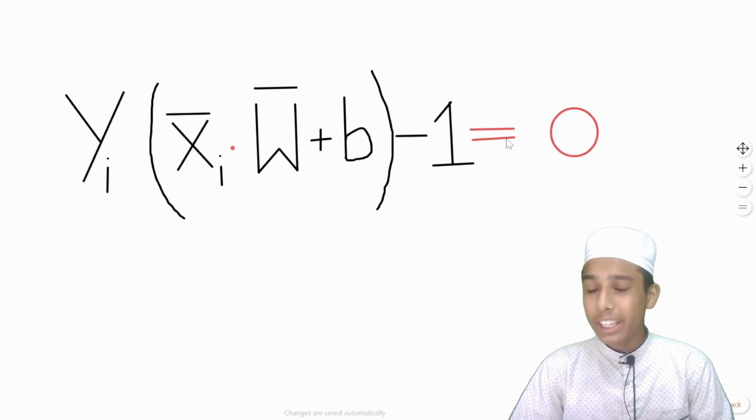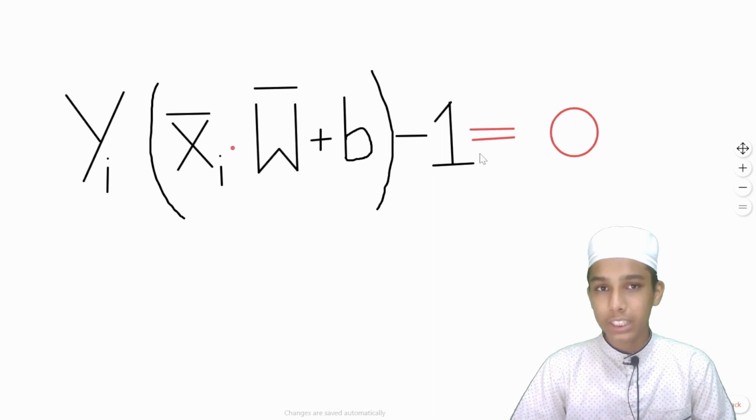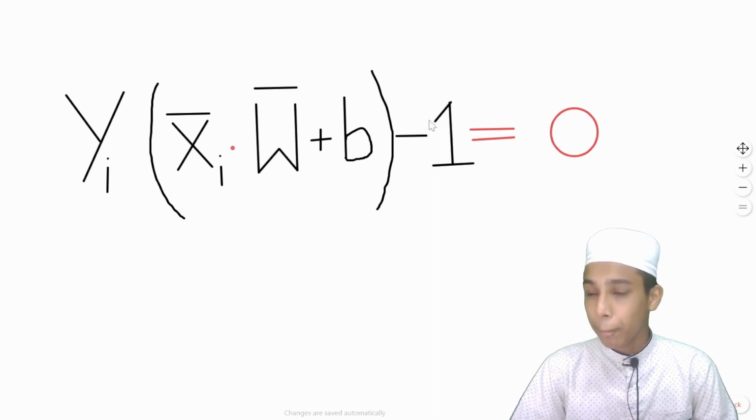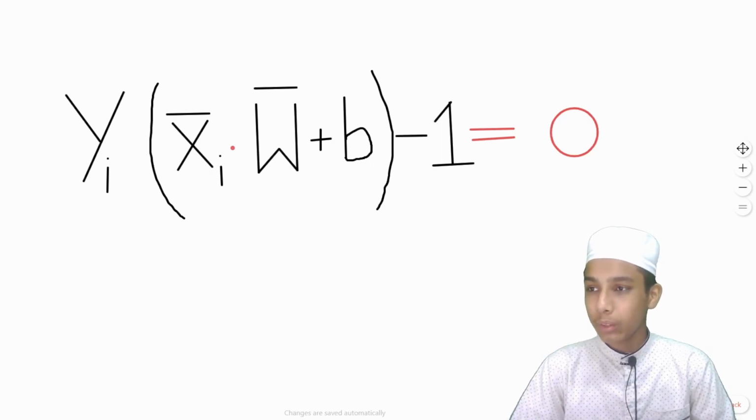After that we thought of moving this +1 to the other side, and we combined the two equations into one equation, and then we got -1. Now guys, the equation is y sub i into x sub i into w plus b -1, which is equal to 0.